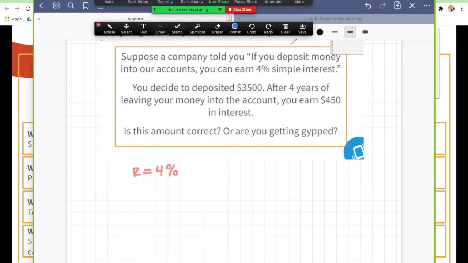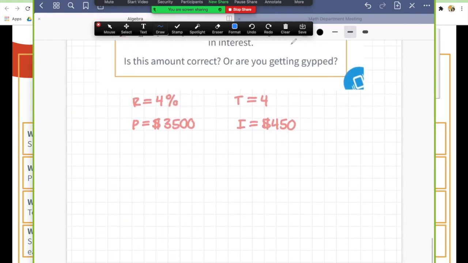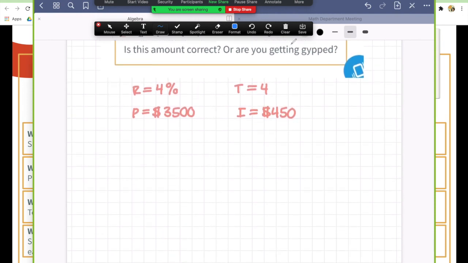We know that our P is $3,500, our T is 4 years, and then we said our I is $450 there. Okay. So let's look at our rate, our annual interest rate, to see if that's correct. So let's make a question mark there because we don't know if it's correct or not.